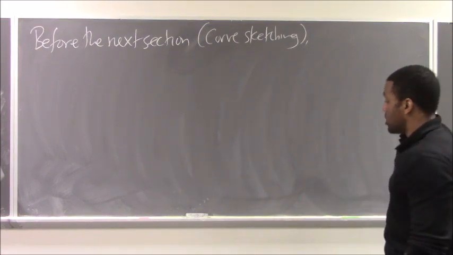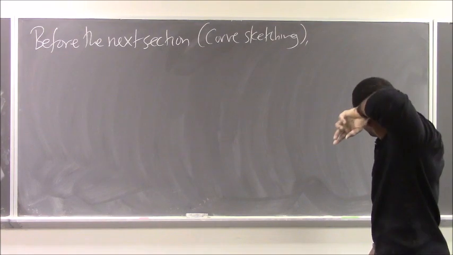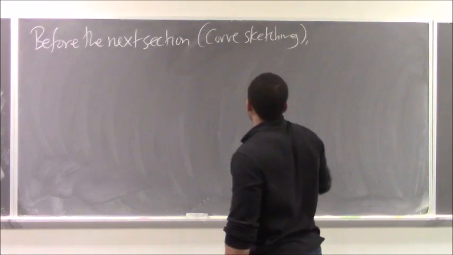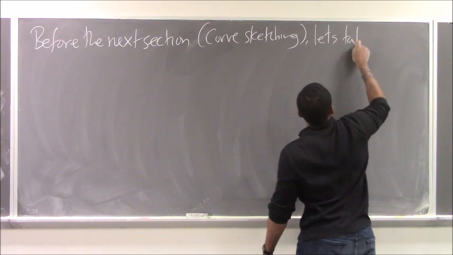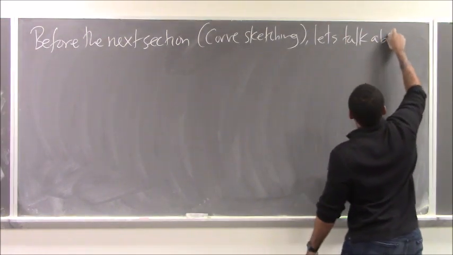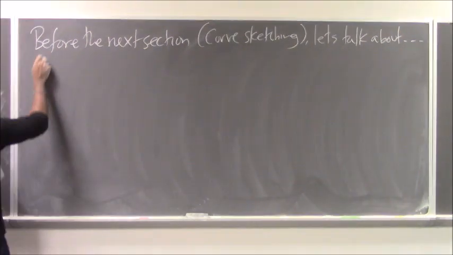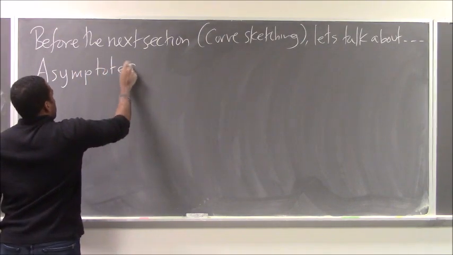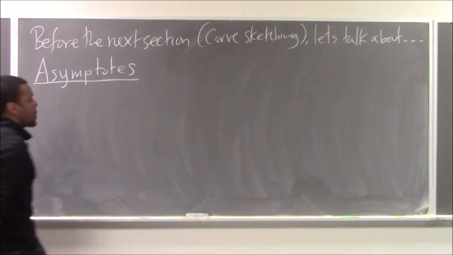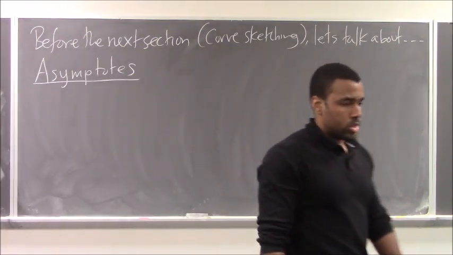Before jumping into curve sketching, I want to talk about, gonna get chalk in my hair. Let's talk about something called asymptotes. That's going to be important for us to understand for curve sketching.